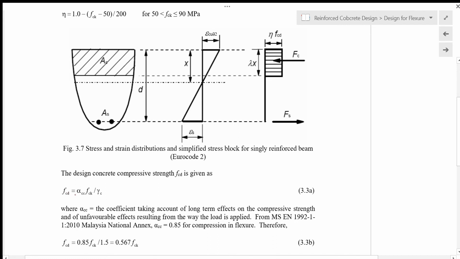As we have seen in the first chapter, the design strength for the concrete fcd is equal to alpha cc times the characteristic strength fck divided by the partial safety factor. Alpha cc is the coefficient taking account of long-term effects on the compressive strength and of unfavorable effects resulting from the way the load is applied.